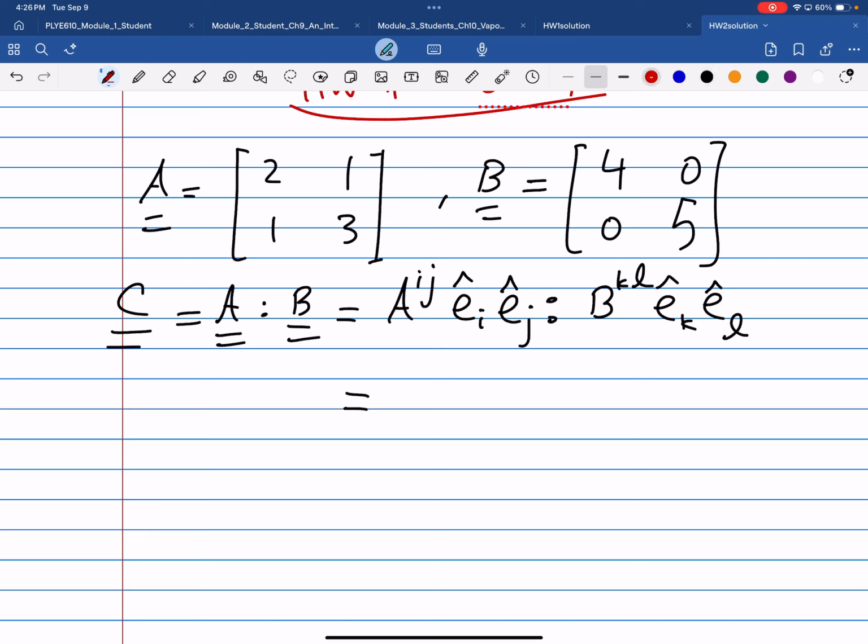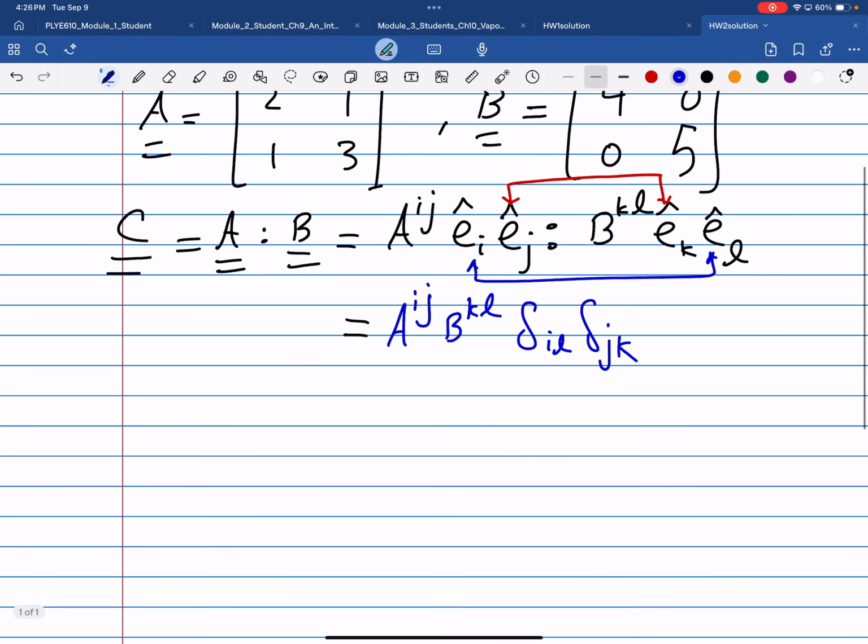So e_i is going to be multiplied by e_k, and e_l is going to be multiplied by e_j. I will write the full form of it, B_kl. So I will have delta_il, delta_jk, right? And those deltas, you can simplify them.